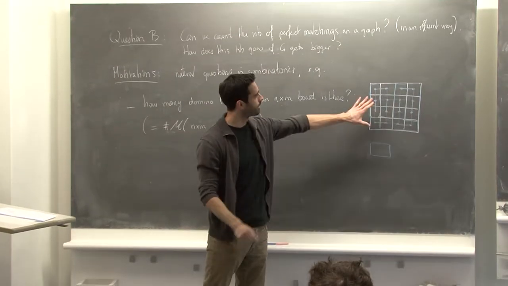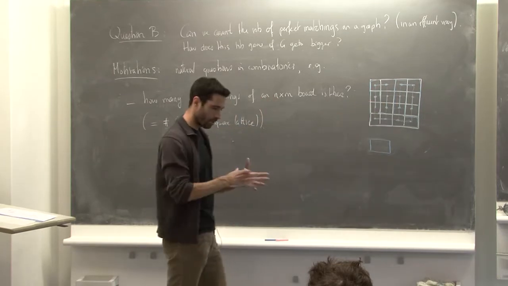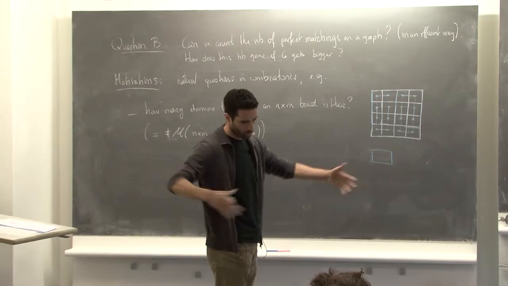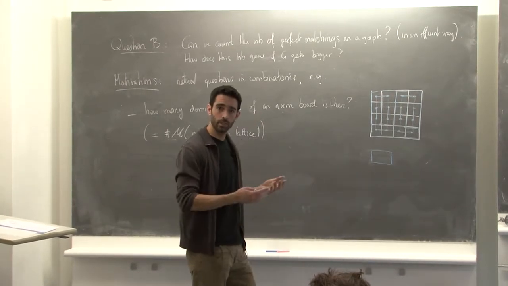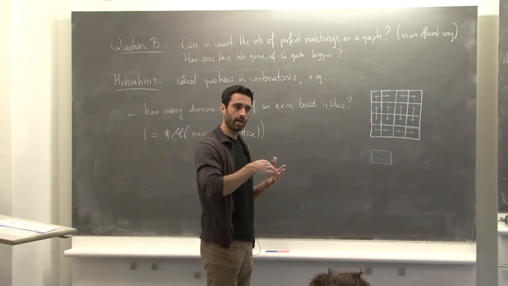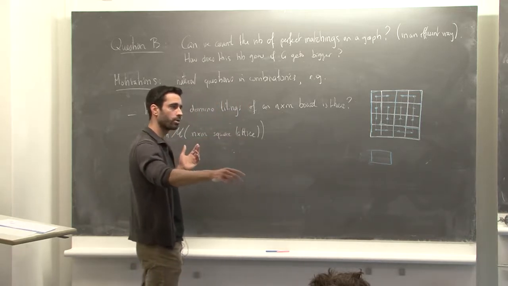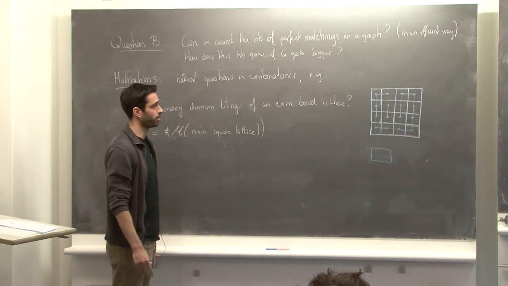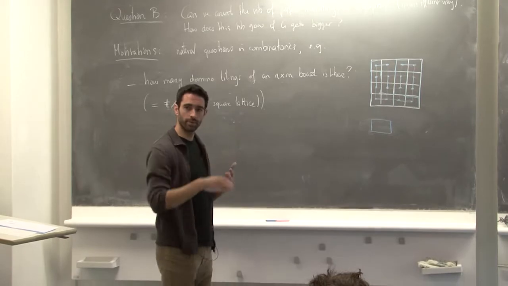You can say, okay, you have let's say an n times n square lattice or board, and you take n to be big, and how does it grow? So the number of perfect matchings is exponential. It's something like exponential of n squared times a constant, and we'll compute this constant, the growth of this number.